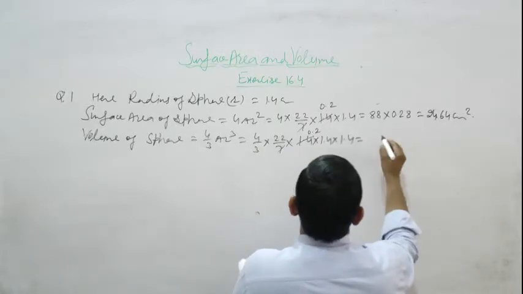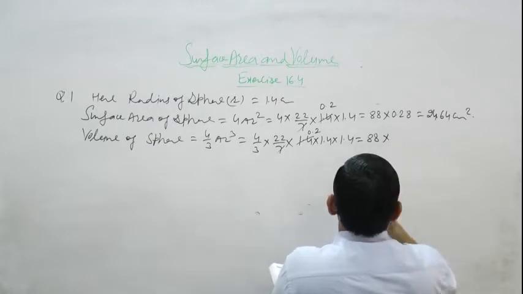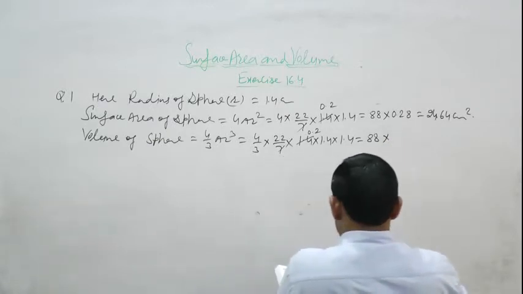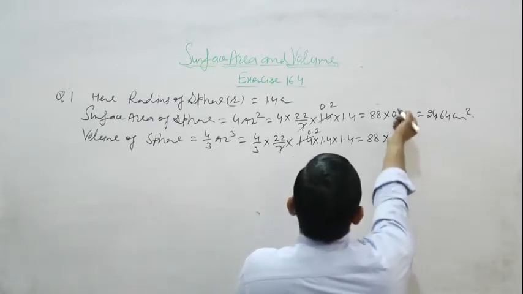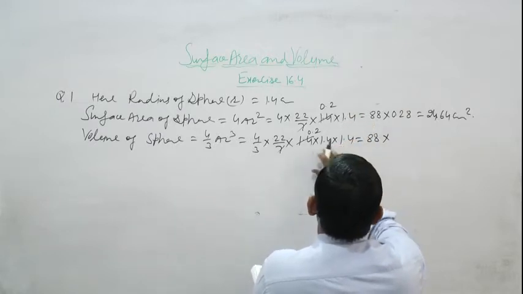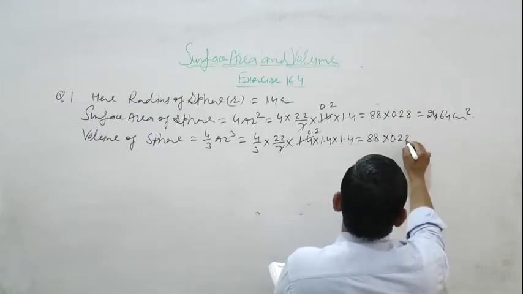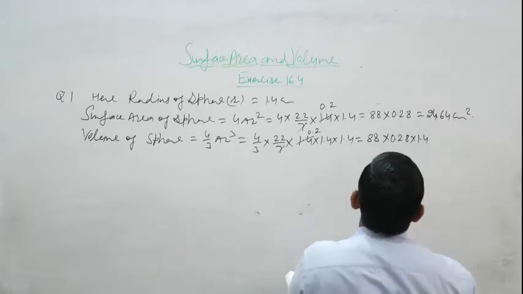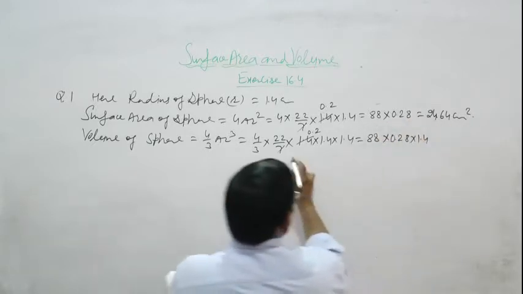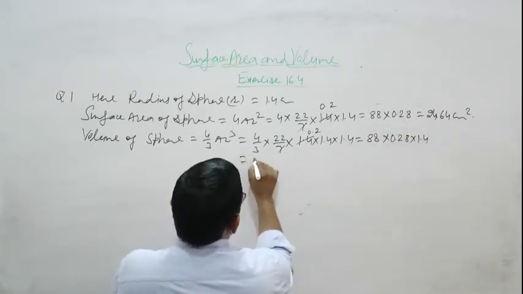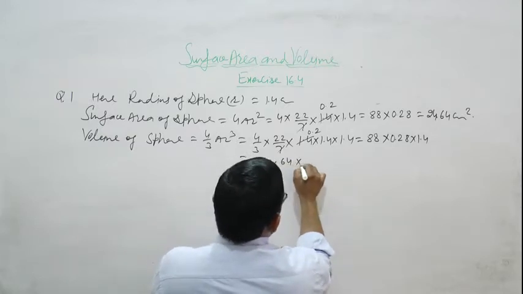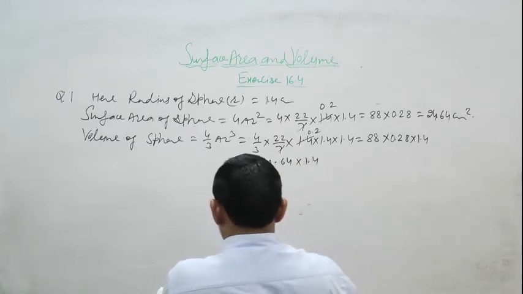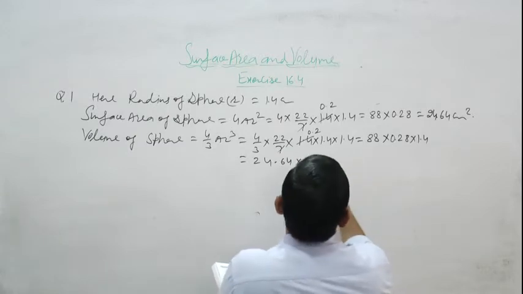So 22 into 4 is 88, multiplied by 0.28. 88 multiplied by 0.28 we get 24.64, multiplied by 1.4.